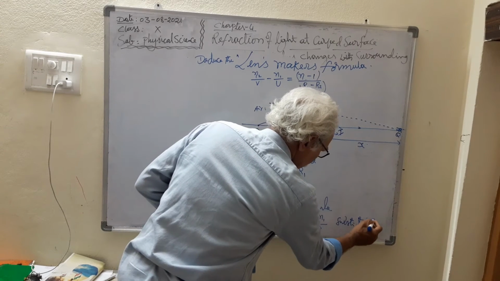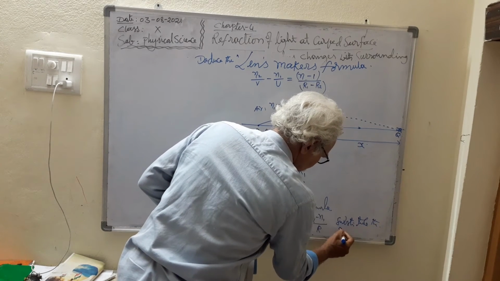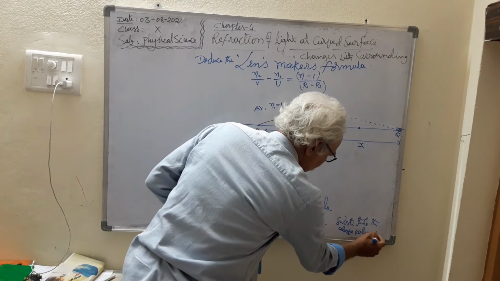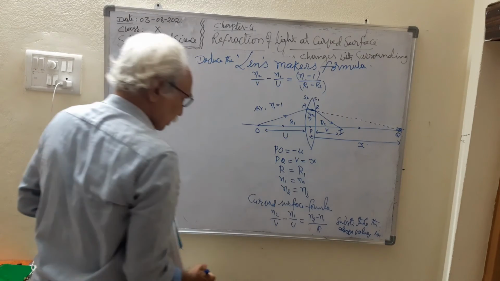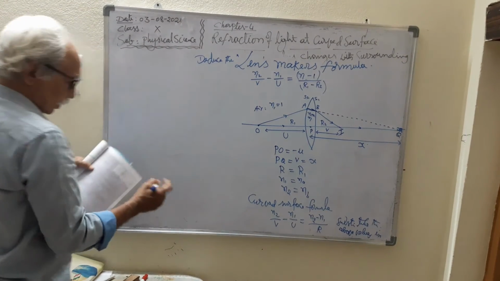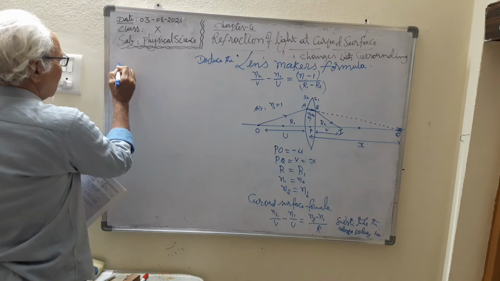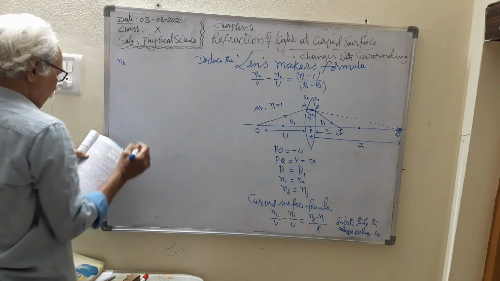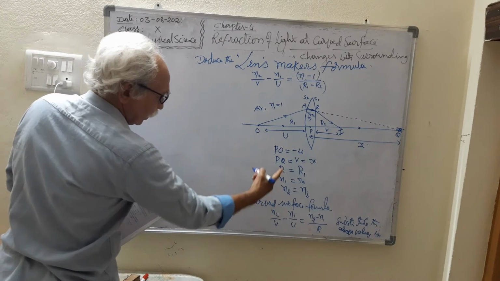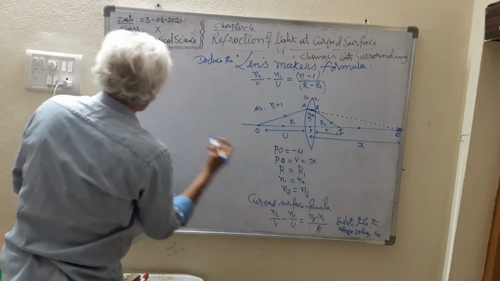Substitute the above values in the curved surface formula. N2 is equal to NB. NB by V, and V is equal to x.